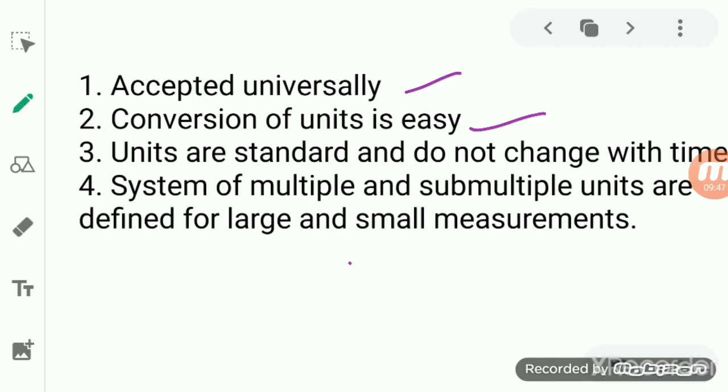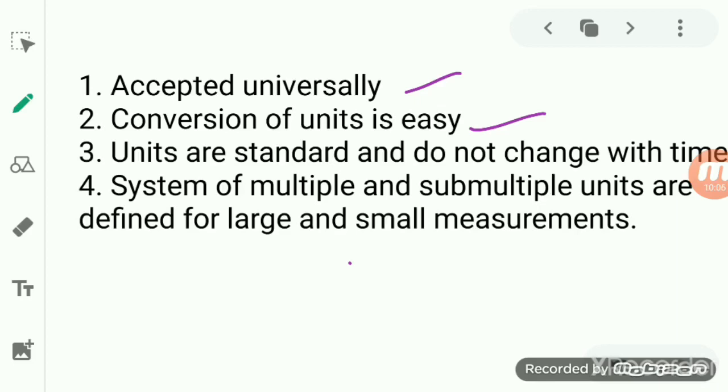Second, conversion of the unit is easy. Whatever SI unit has been taken, it is very easy to convert from one unit to another, and that is why SI unit is preferred over other units.